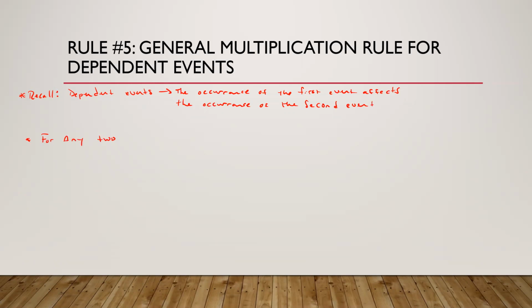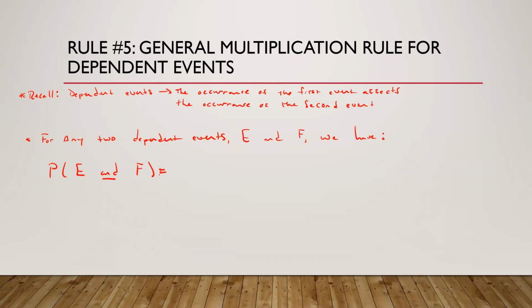For any two dependent events, we'll call those events E and F, we have the following. If I ever ask you the probability that event E and event F happen, whenever you see the and statement, what mathematical operator are you going to think of?